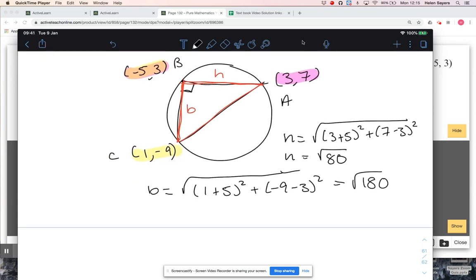So fingers crossed, the area is half times base times height, which is 60.